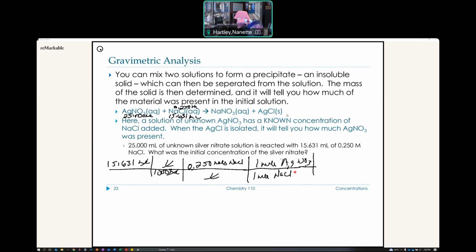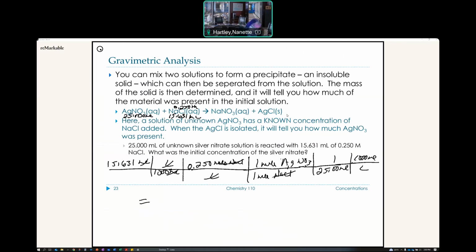And so based on that, I get rid of the moles of the NaCl. I know that that AgNO3 sample was 25 milliliters, and then it's 1,000 milliliters in that liter. And so we can calculate this one exactly the same way as what we've done before.